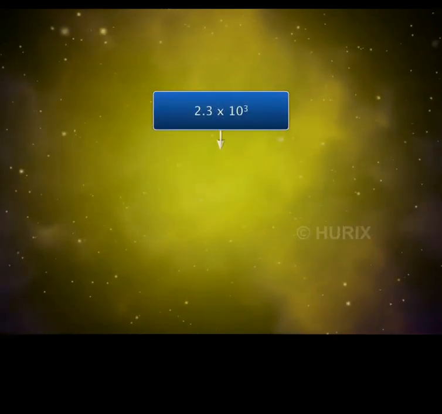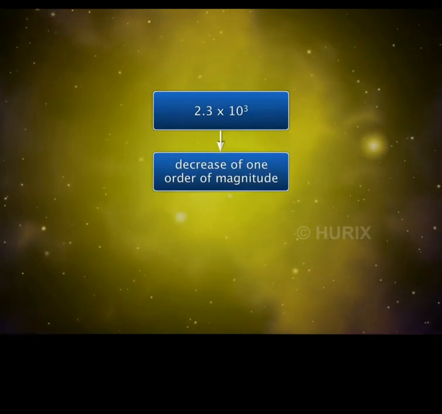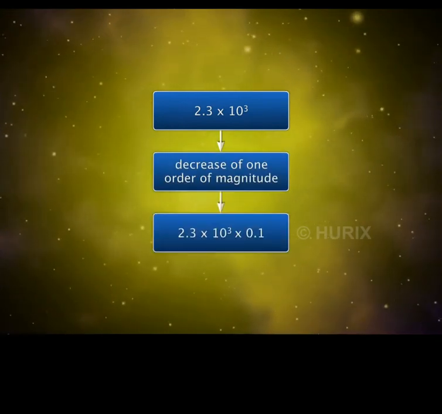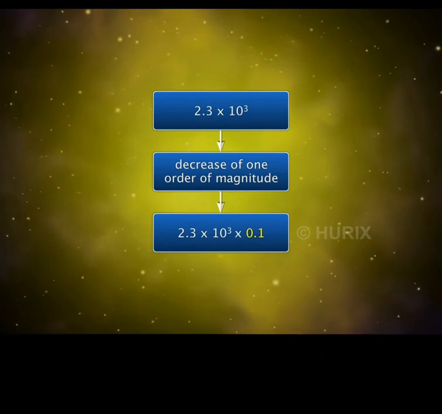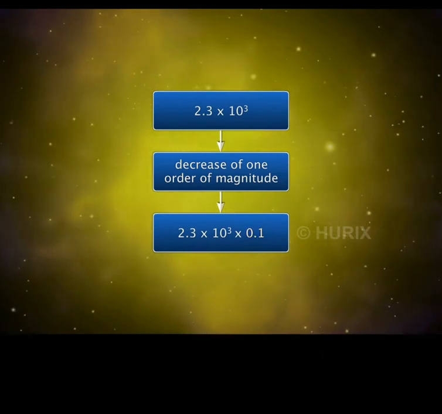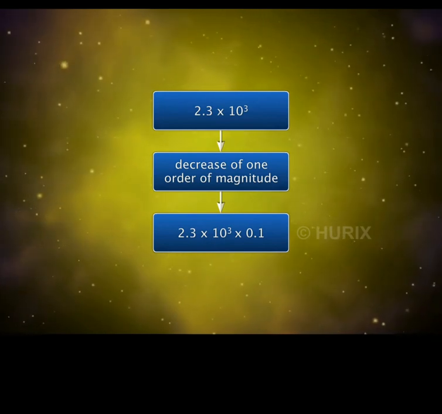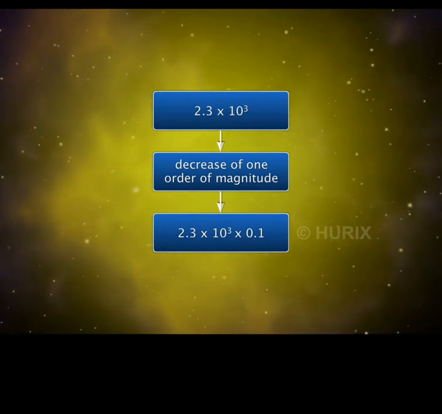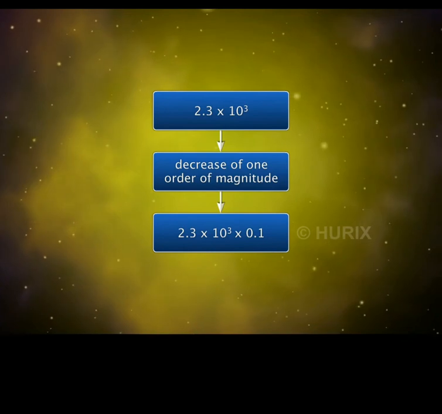As values get smaller, a decrease of one order of magnitude is the same as multiplying a quantity by 0.1. A decrease of 2 orders of magnitude is the equivalent of multiplying by 0.01 or 10 raised to minus 2.